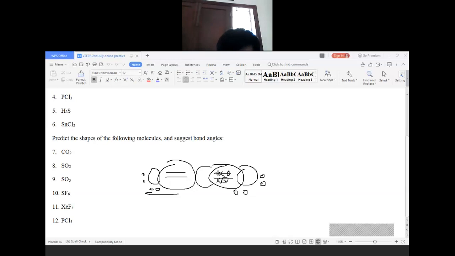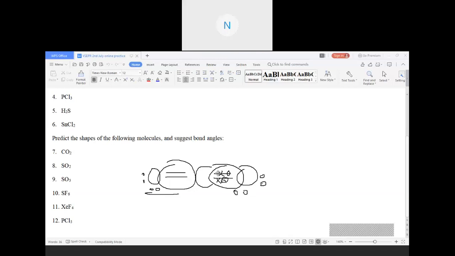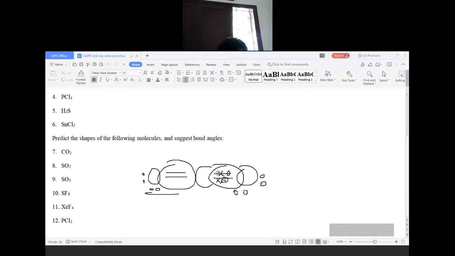You have to see the structure, the dot and cross diagrams. So never directly tell the shape or bond angle from how many bond pairs and how many lone pairs. You have to draw it first.